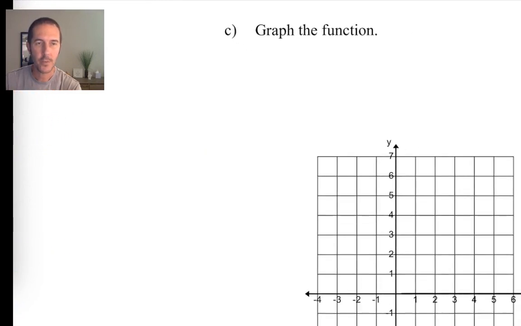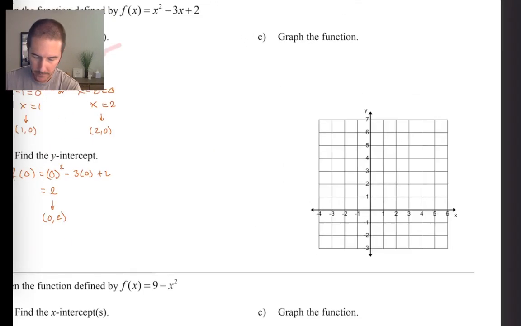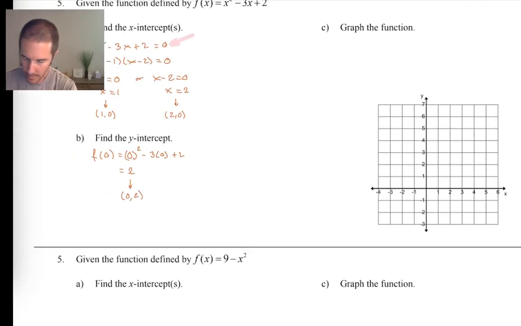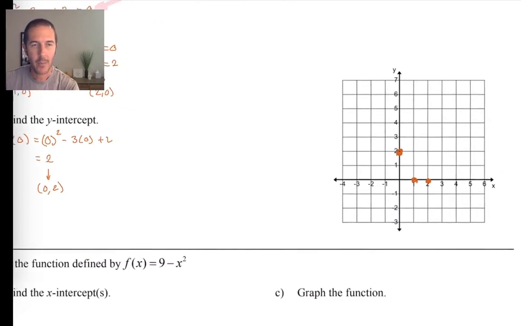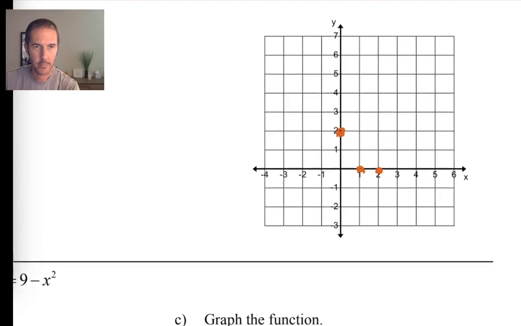And part C says graph the function. Okay, so we have (1, 0). Let's put that on the graph, and we've got (2, 0). And we have (0, 2). Now I know that parabolas are symmetric.